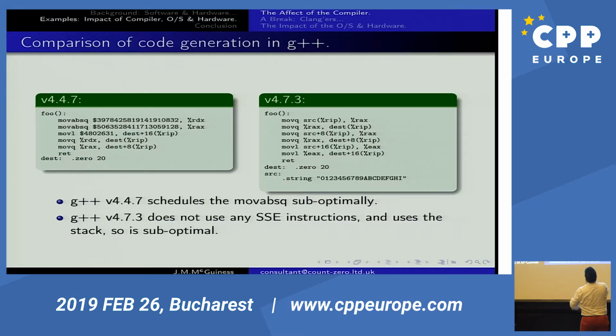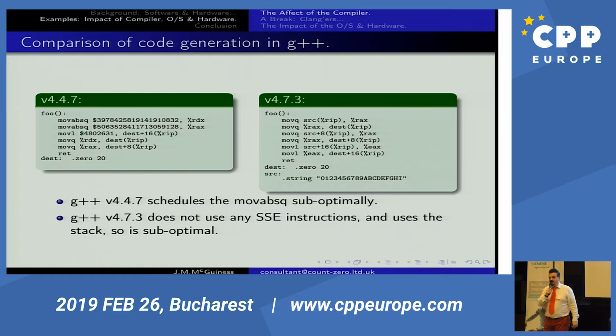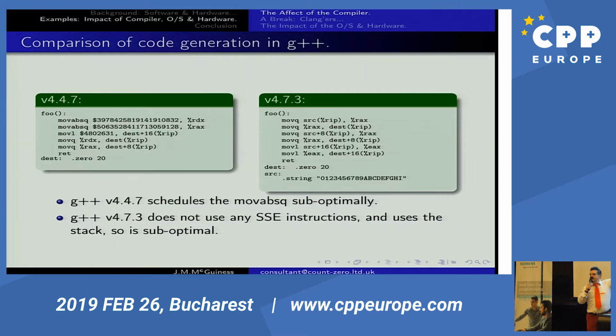This is dramatically slower. Hang on. This is memcpy. How long has memcpy been around for? 40 years? 50 years? Surely they would have just got this right by now. And this is really basic stuff.